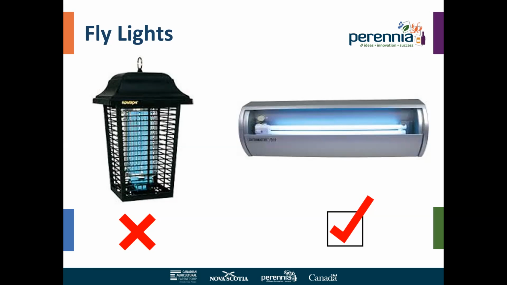Also, when you are inspecting these fly lights, it's important to ensure that the sticky traps are in good condition and they're not too full. Change them out when you see that they are becoming heavily soiled by insects, because of course they will not work, or they will be less effective if you're not changing them out.